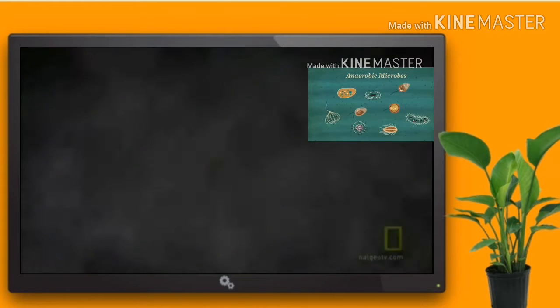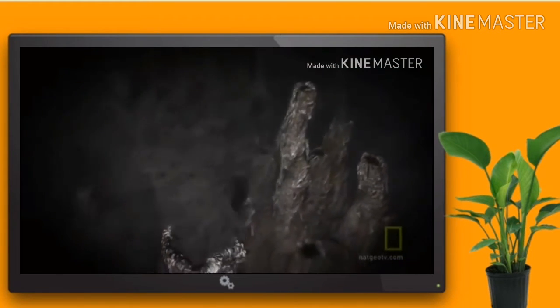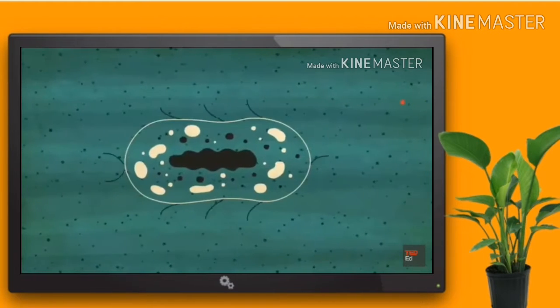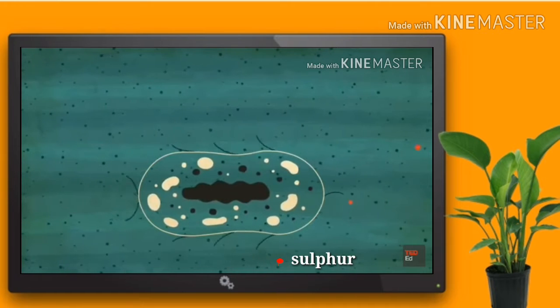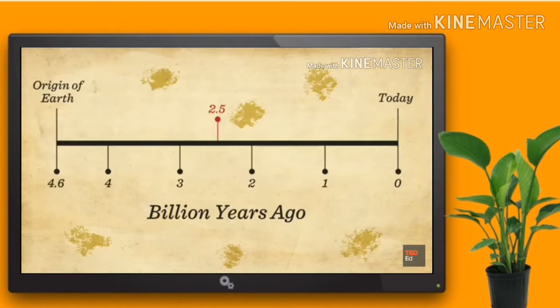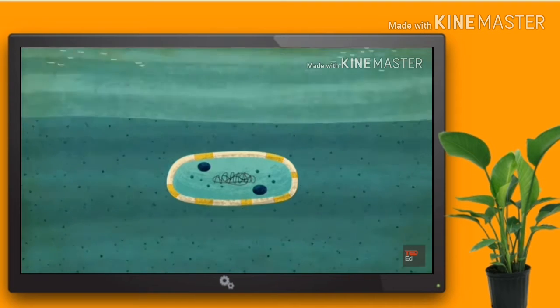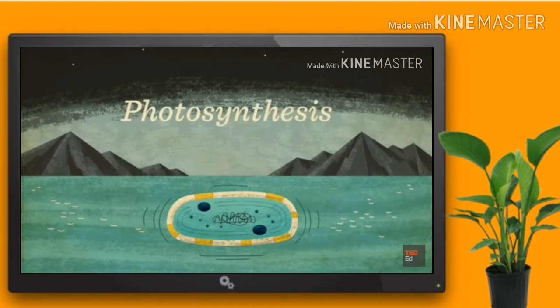The oceans were populated by anaerobic microbes. Those are simple single-celled microorganisms lacking a cell nucleus that thrive without oxygen and use sulfur to obtain energy. But somewhere between 2.5 and 3.5 billion years ago, one of these microbial species, probably floating on the surface of the ocean, evolved a new ability, photosynthesis.